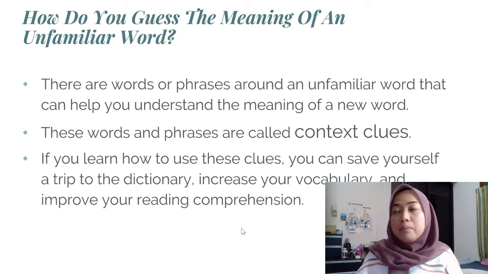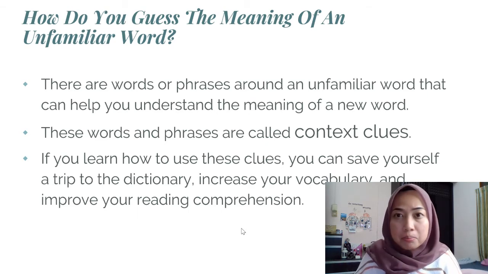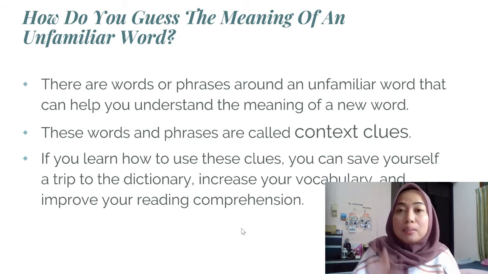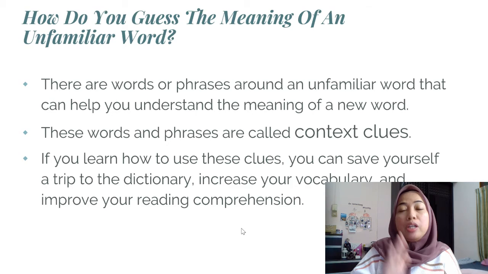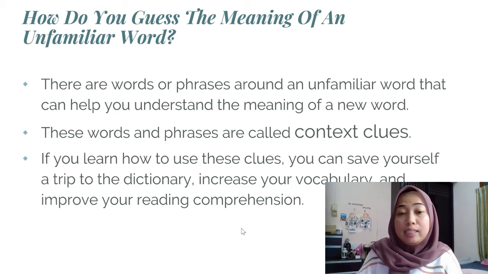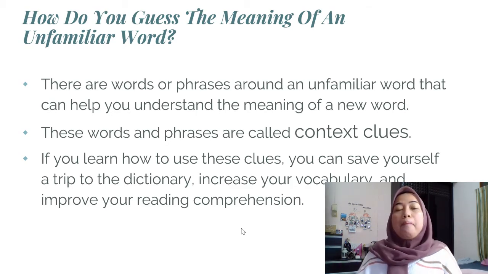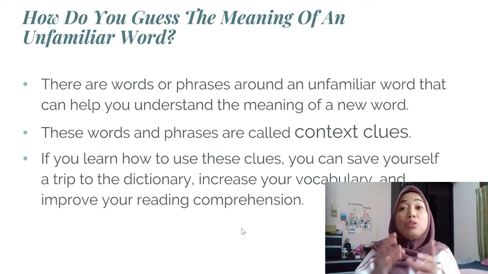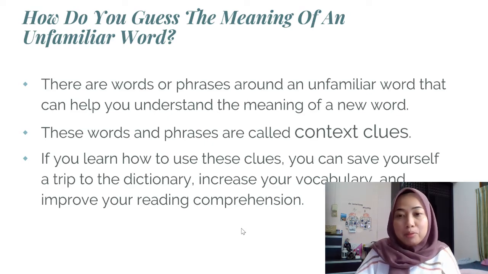There could be a possibility when you read the question paper and you don't know what a word means. Sometimes the clues are in the question or in the article itself. Not only that, by understanding context clues, you'll be able to increase your vocabulary and improve your reading comprehension overall.